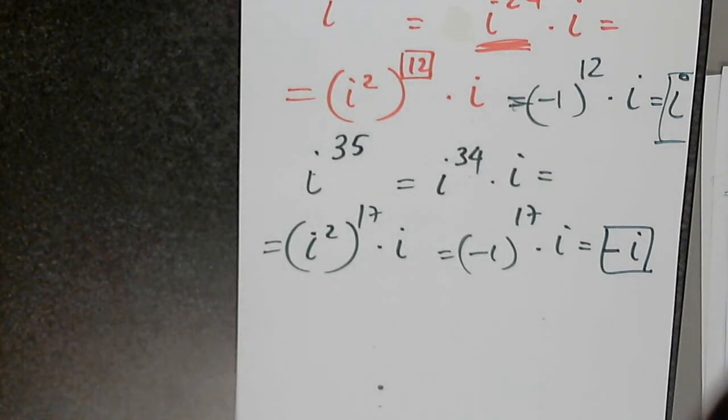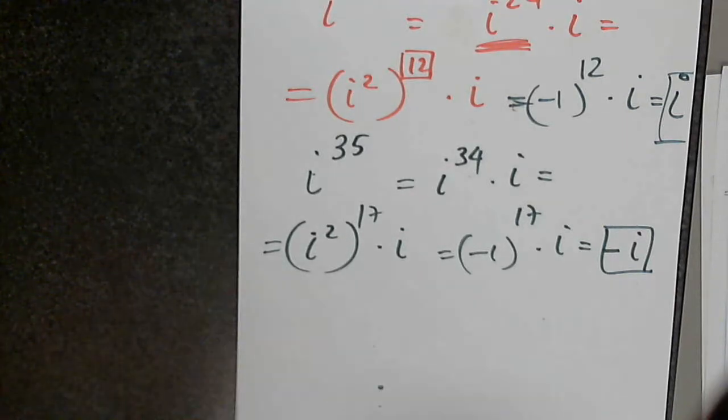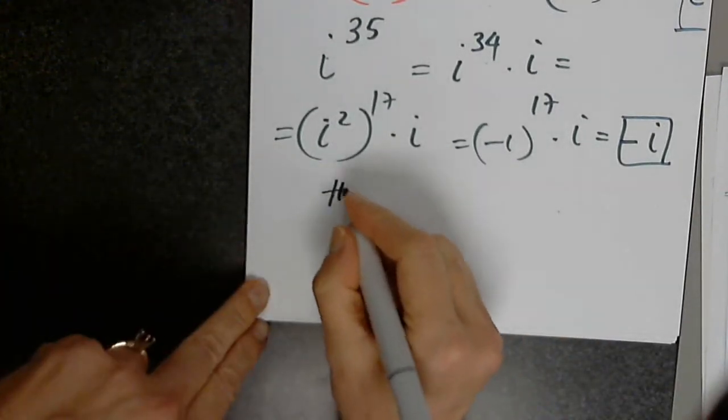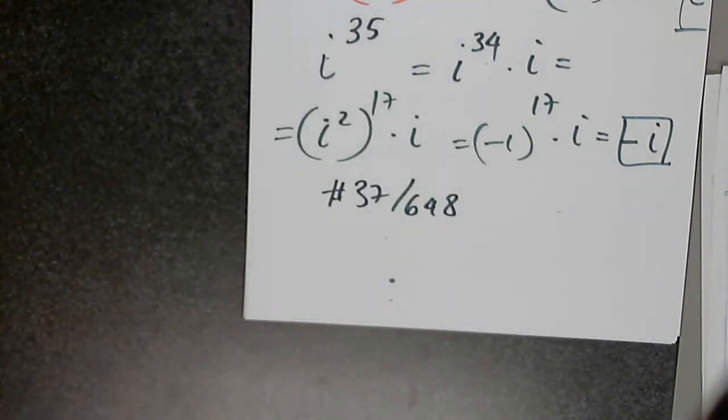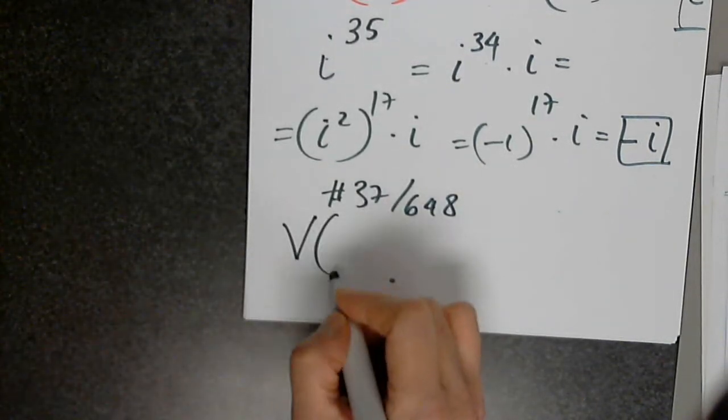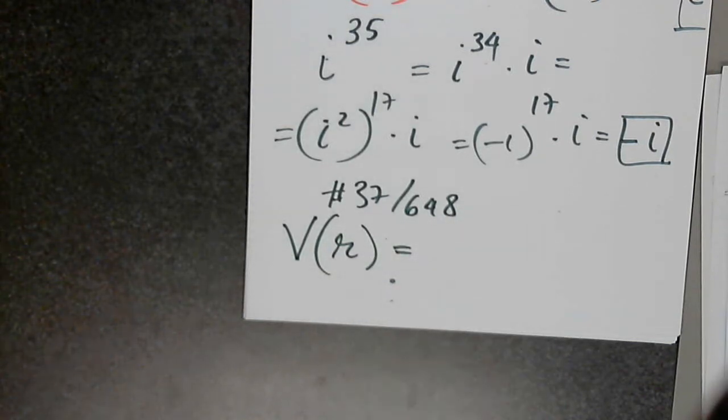Let's look at a graph now and a word problem. On problem 37 on 648, we are given a function v of r. Can anyone name the independent variable here?